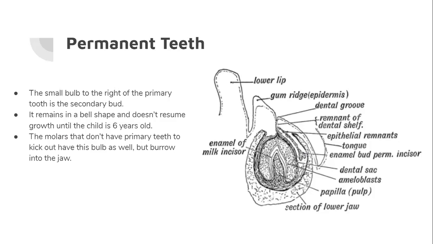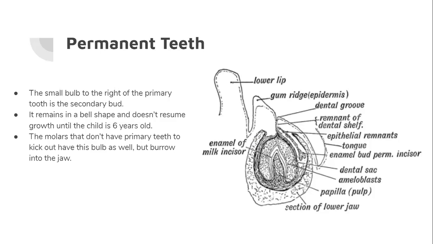But it's interesting because these actually kick out the root, so they eat away at the root as they continue to grow that enamel, just like the primary tooth does, and that's why you feel the wiggle when you were a little kid. It's because the root's gone.